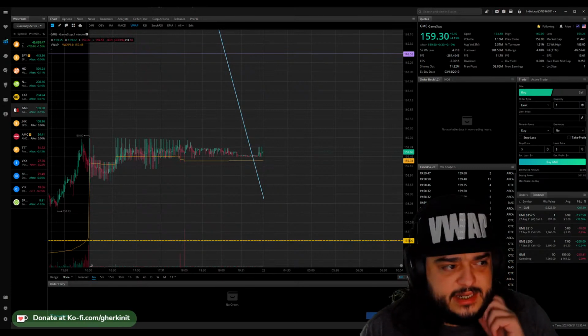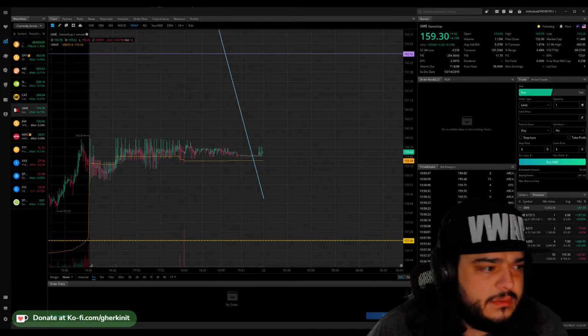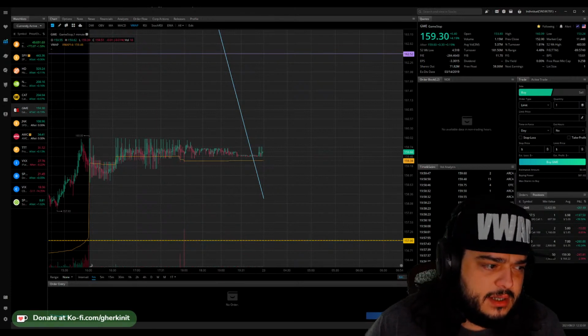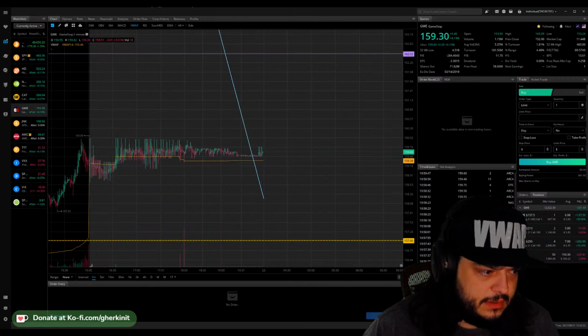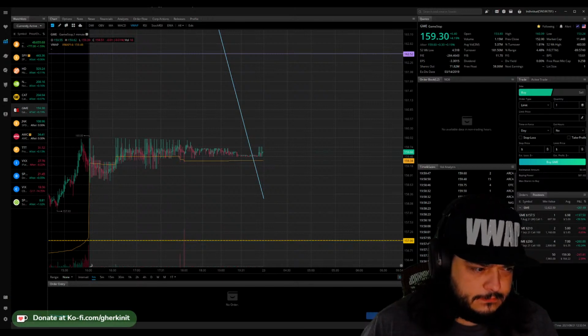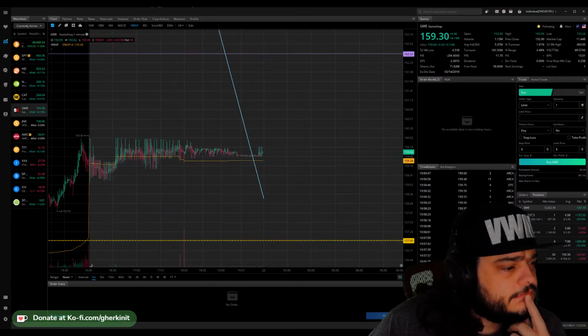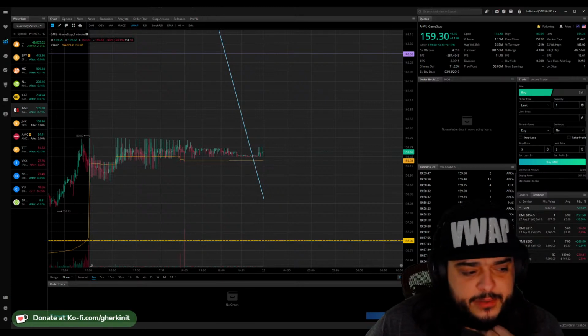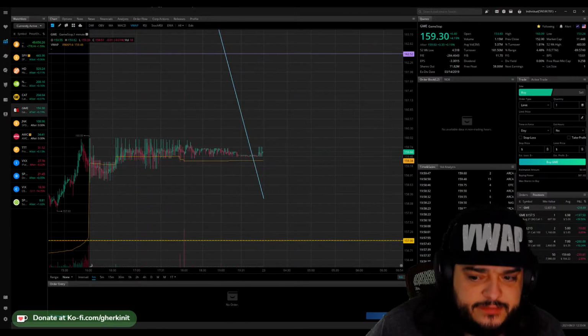There's TradeStation, which I think has paper trading for options. There was another one. I know TradingView has it. TradingView is a good one.